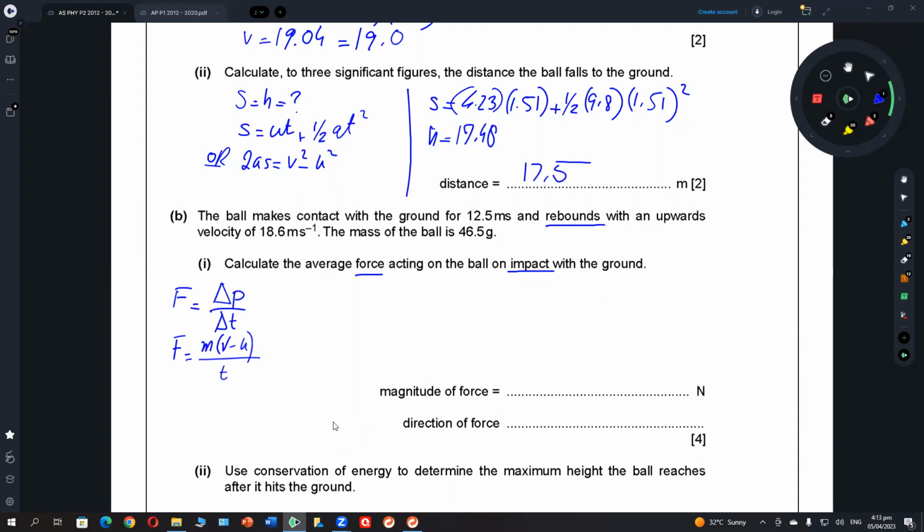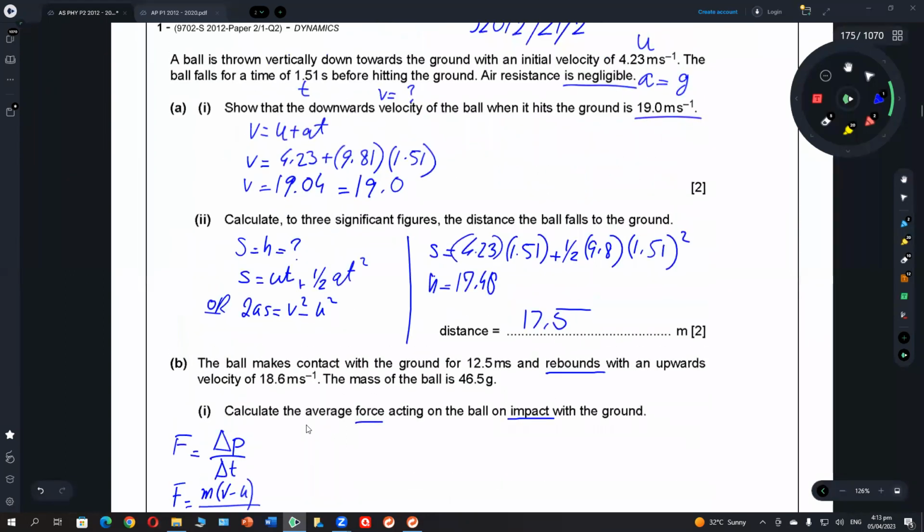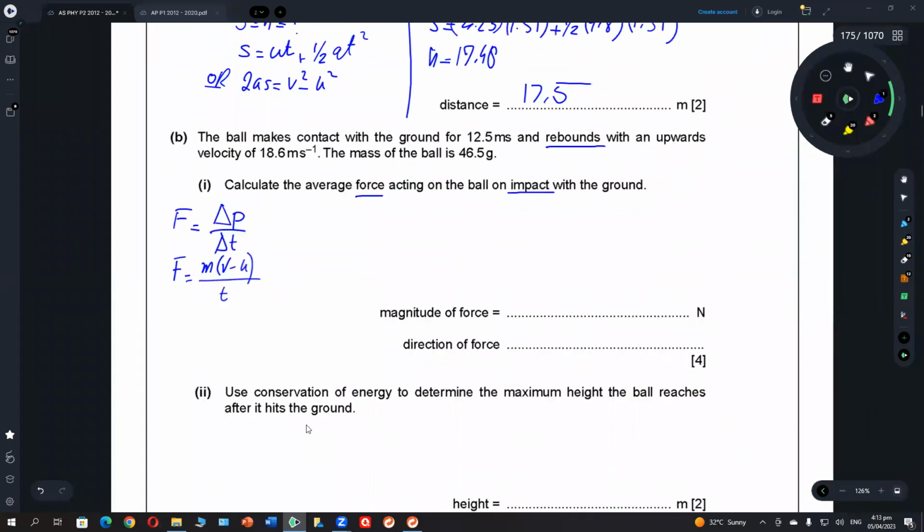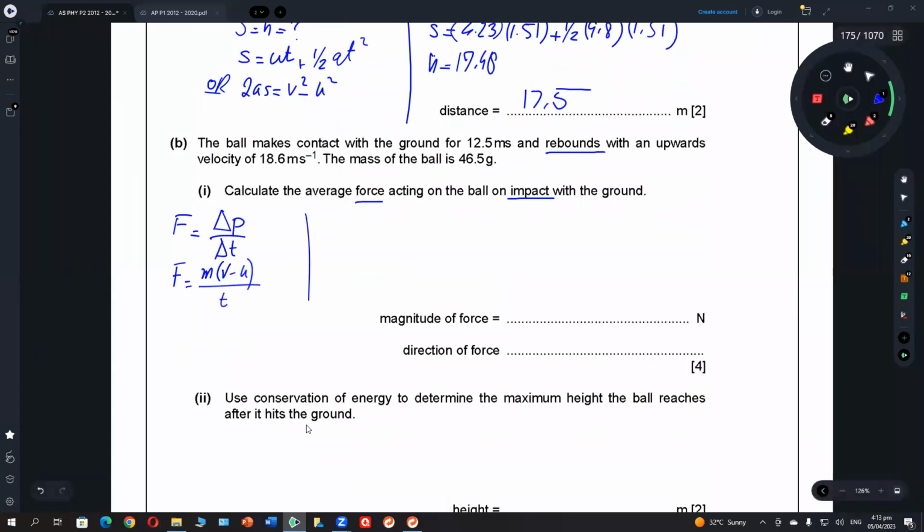It's a rebound case. So the ball is striking at 19. The time of contact is 12.5 milliseconds.